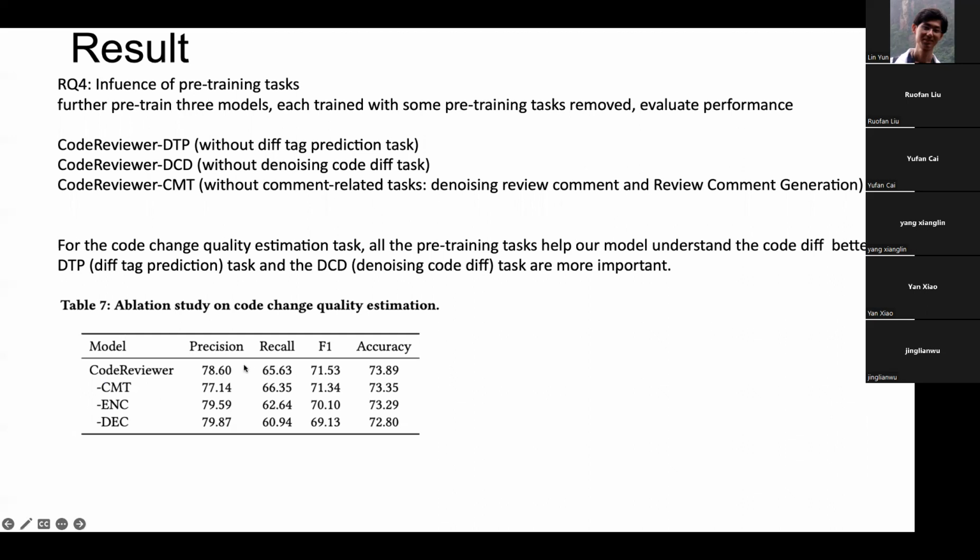Oh, really? But the precision is higher in -DC, right? You can see the recall is also higher. So they scored, okay, F1 scored higher. Yeah, accuracy is also higher. All right, but for the F1 change, for example -CMT, the reduction of the F1 is minimal, right?